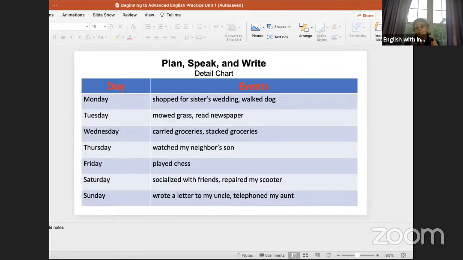That's kind of old fashioned. I don't know if people still write letters because it's not common anymore. Everyone just telephones each other, like calls each other. So, telephoned my aunt. So these are the activities we can talk about that we did in the past.